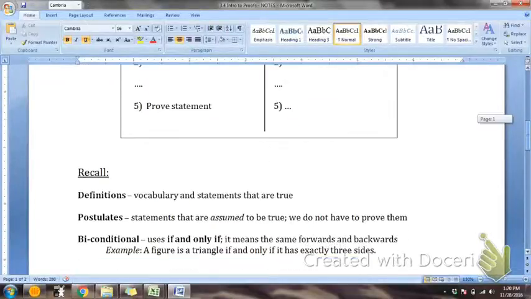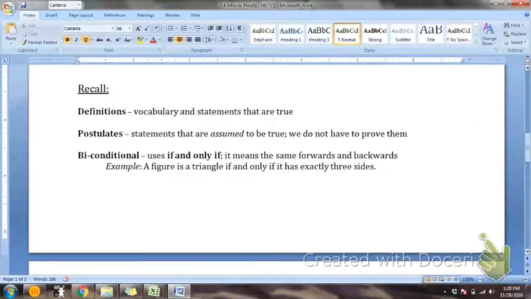So let's look down here and remind ourselves what definitions are. Definitions are statements that are true. Postulates are true because I said so. They're rules that we say are true. Biconditional, do you guys remember that IFF thing? We talked about that like day one, and someone asked me if it was a typo.